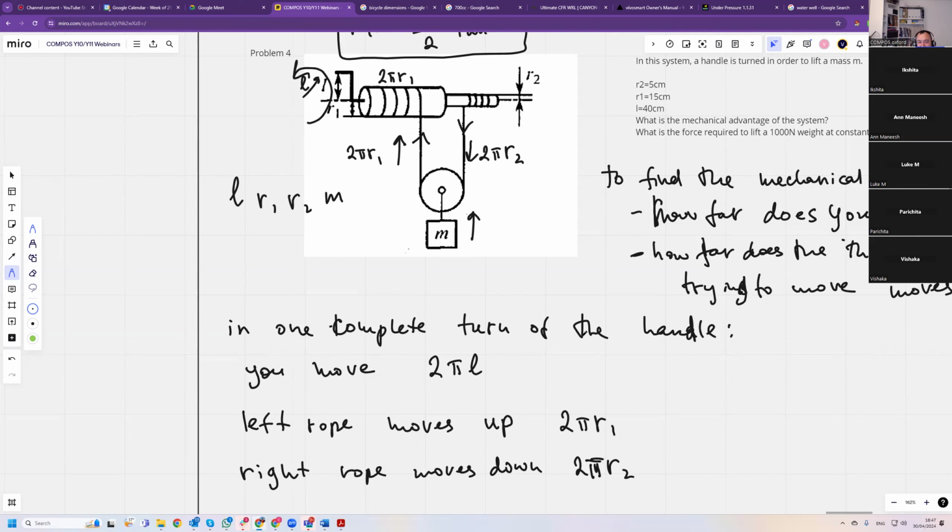Now we need to work out how much the mass M moves.